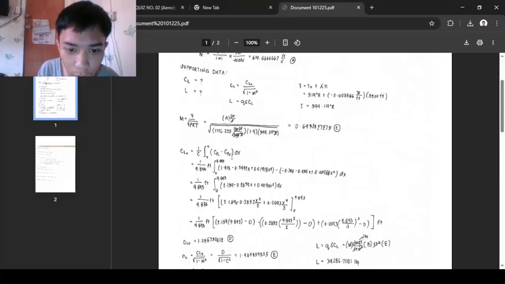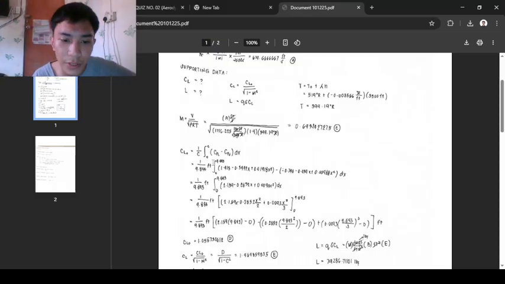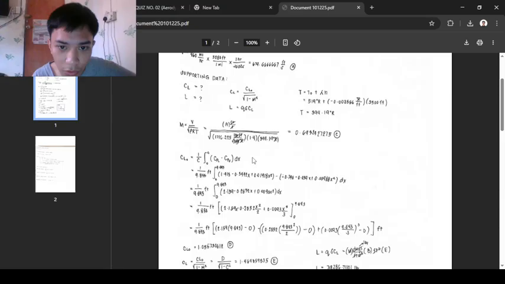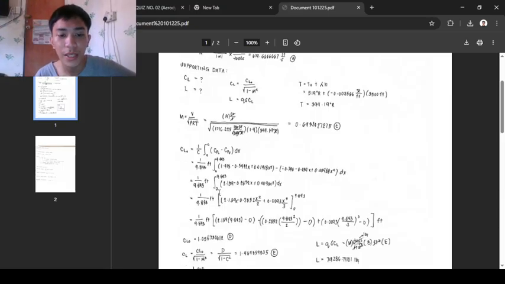So we have 1 over C, or the chord measurement, 1 over 9.843 feet, times the integration of our given lower pressure coefficient minus the upper pressure coefficient, from 0 to 9.843.